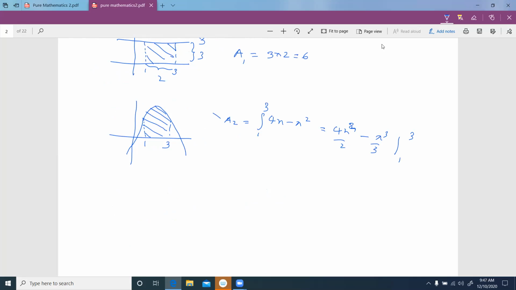The 4 and 2 cancel, giving 2 times 3 squared minus 3 cubed over 3, minus the substitution of 1: 2 times 1 squared minus 1 cubed over 3. The 2 came from 4 divided by 2. So if you get this answer, that is 3 to 1, the function is 4.